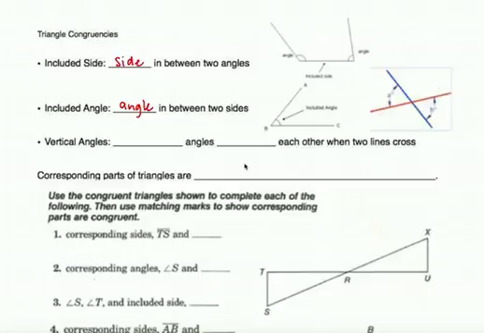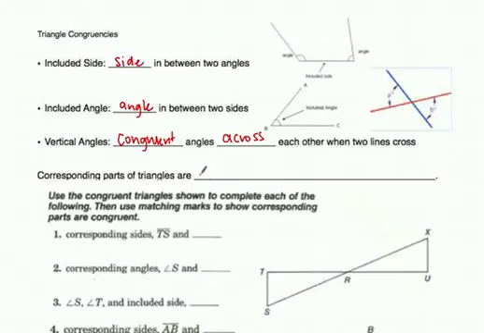We've talked about vertical angles before. Vertical angles are going to be congruent angles. Congruent meaning equal, so equal angles that are going to be across from each other when two lines cross. Here are my two lines, and when my two lines cross, they create two angles, and because those angles are across from each other, they must be congruent or equal in size.